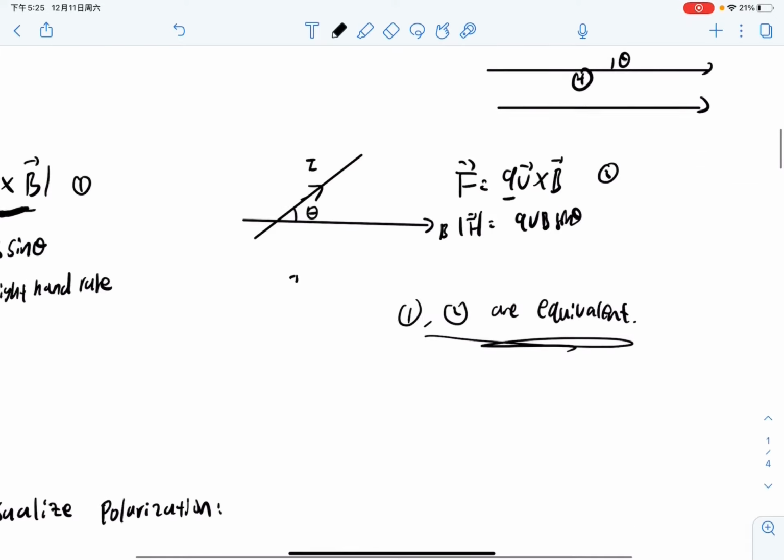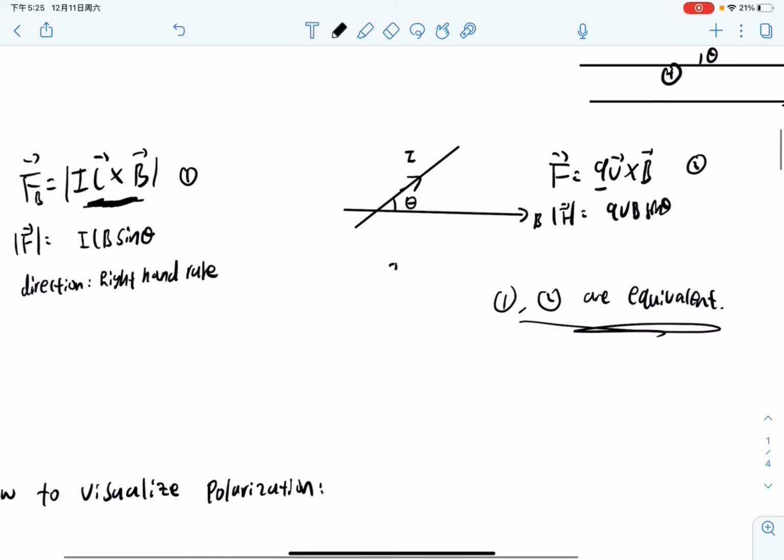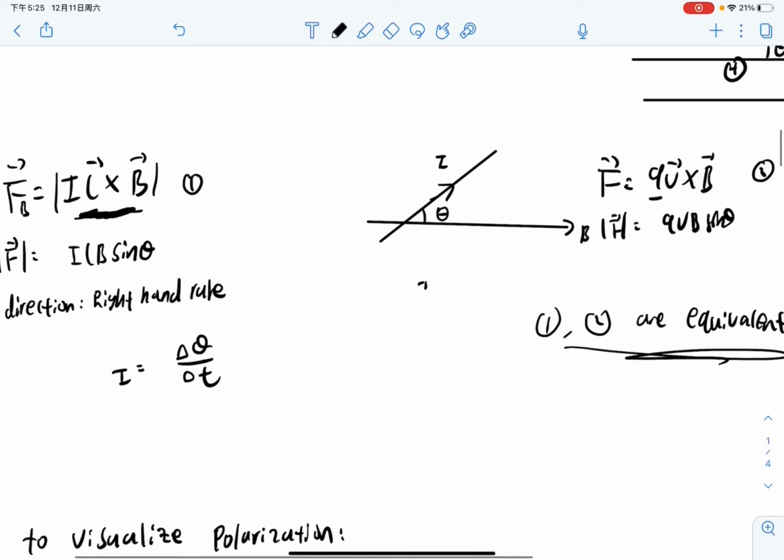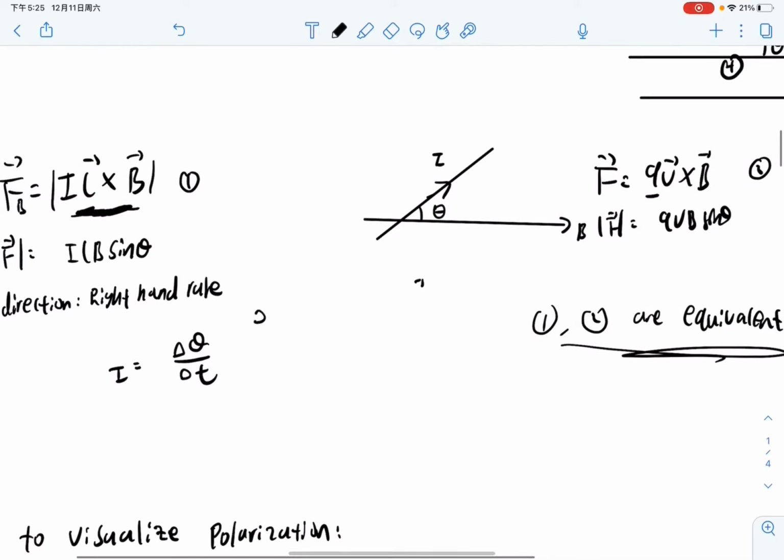And you can see that 1 and 2 are just equivalent to each other, and we're going to show why. For I, the definition of I is equal to q divided by t. And in delta t time, the charge will move from this point to that point.